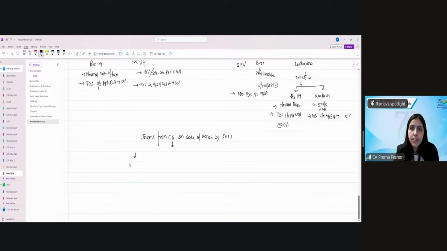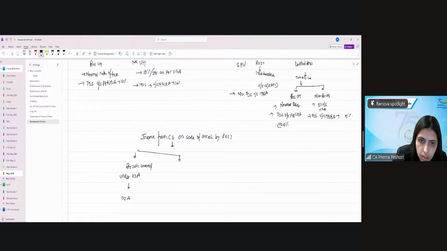So you can write here LTCG for the equity shares covered under 112A, 112A will apply. LTCG others, 112 will apply.